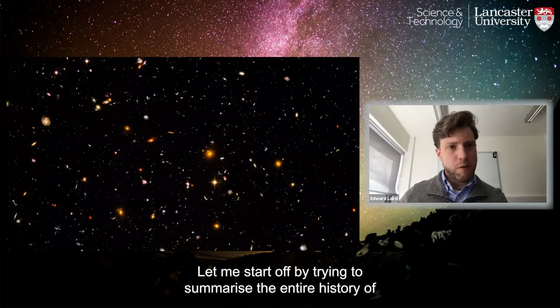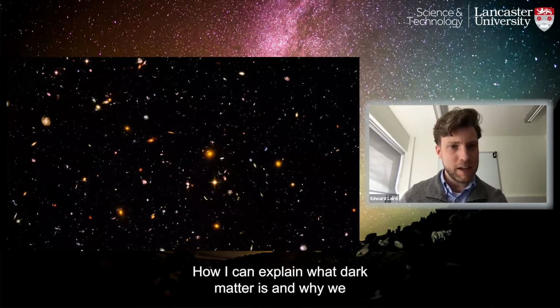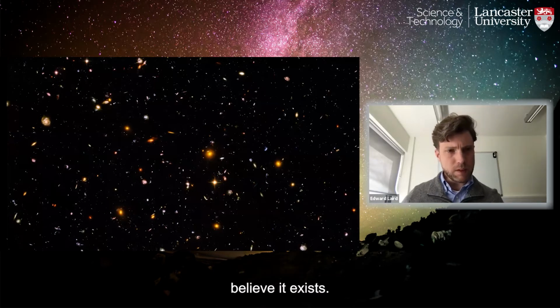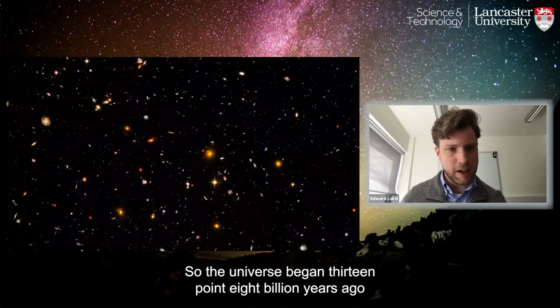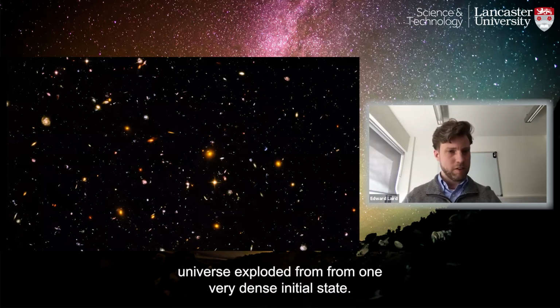Let me start off by trying to summarize the entire history of the universe in one slide, because this is how I can explain what dark matter is and why we believe it exists. The universe began 13.8 billion years ago with the Big Bang, and all of the matter that we have in the universe exploded from one very dense initial state.